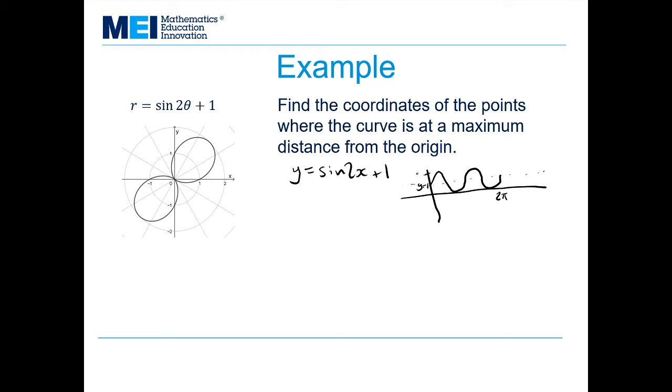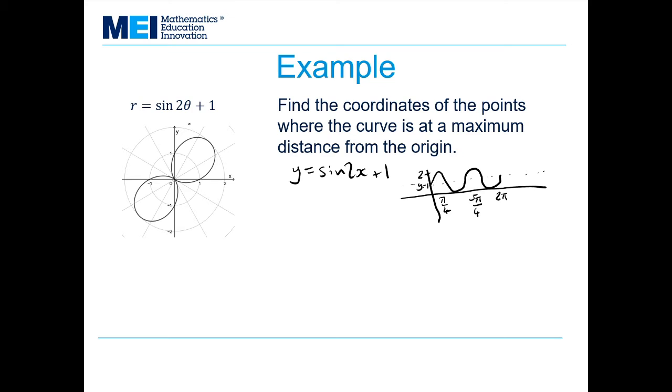It reaches the height of y equals 2 at pi by 4 and then here at 5 pi by 4. So that's telling me that r equals sine 2 theta plus 1 is going to reach a maximum distance from the origin of 2 at the point where theta equals pi by 4 and theta equals 5 pi by 4.